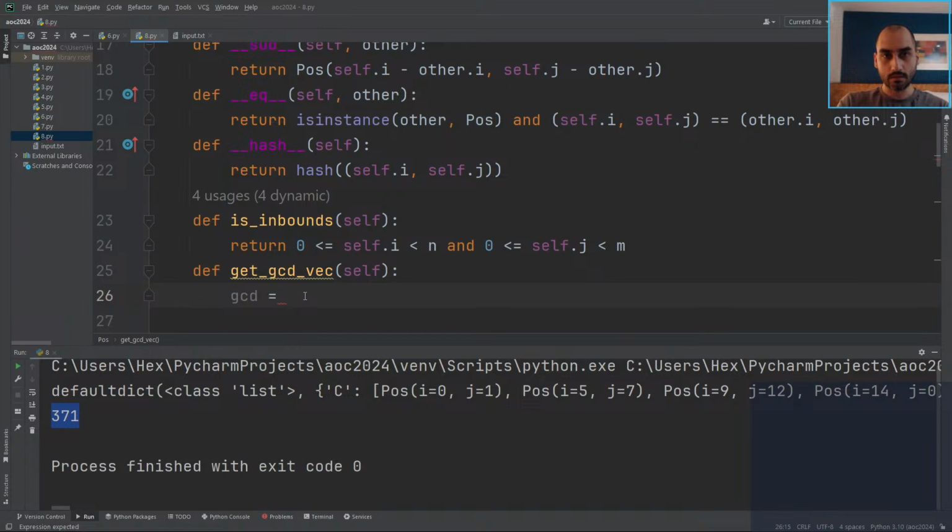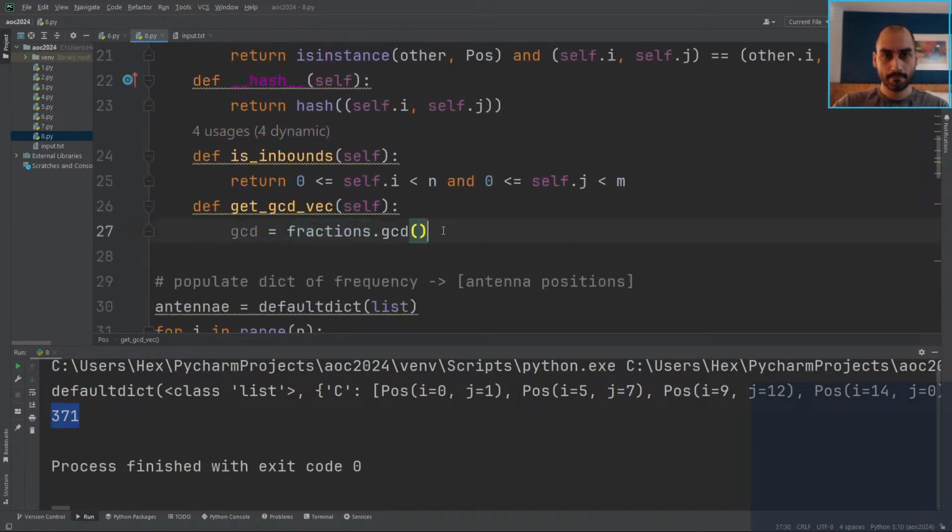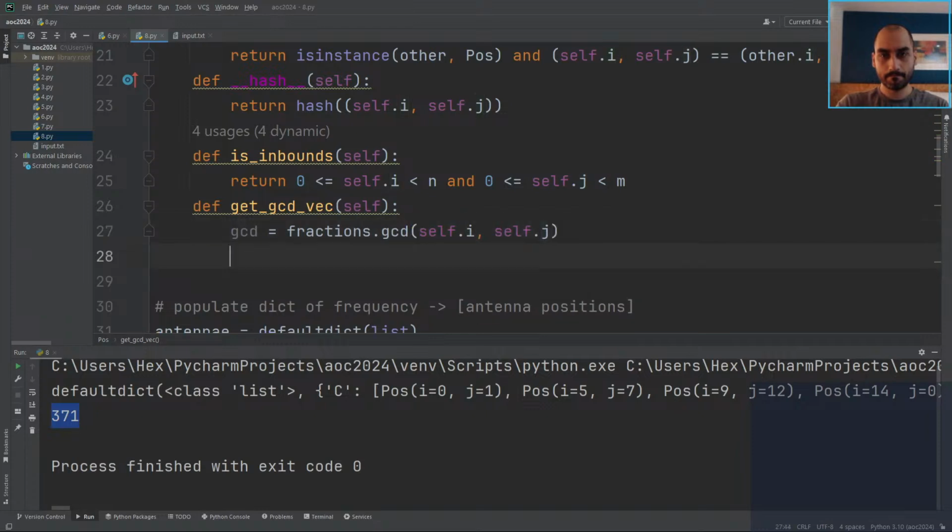Equals, is it fractions.gcd? Yeah. So we will return the pos, which is self.i, divide out the GCD, self.j, divide out the GCD.